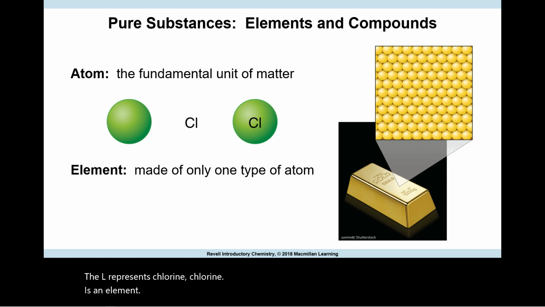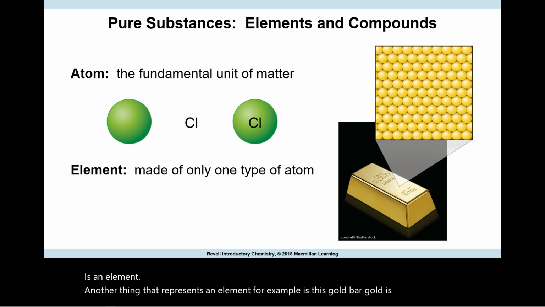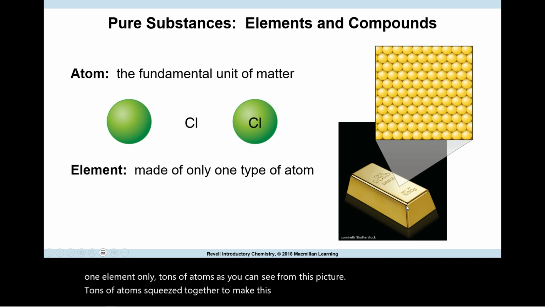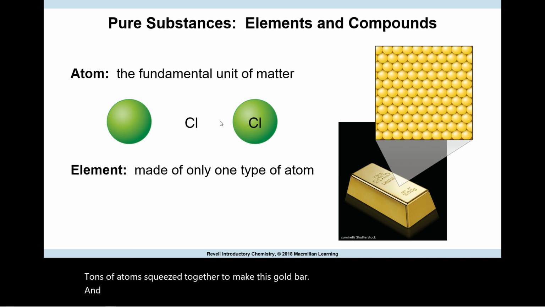Another thing that represents an element, for example, is this gold bar. Gold is made out of one element only. Tons of atoms, as you can see from this picture, tons of atoms squeezed together to make this gold bar. And it's pure gold, so it's a pure substance. Nothing else is inside of this.